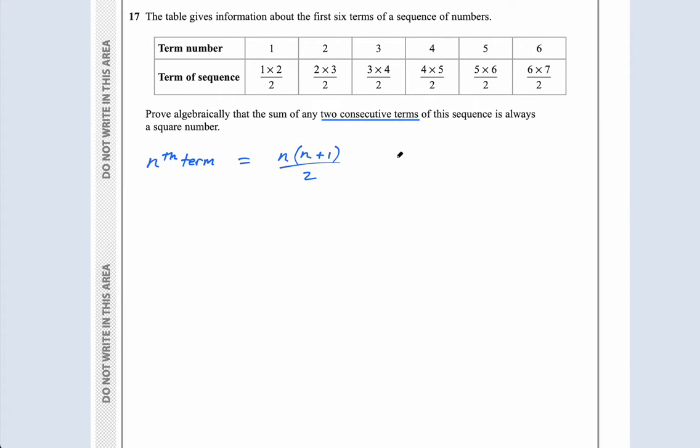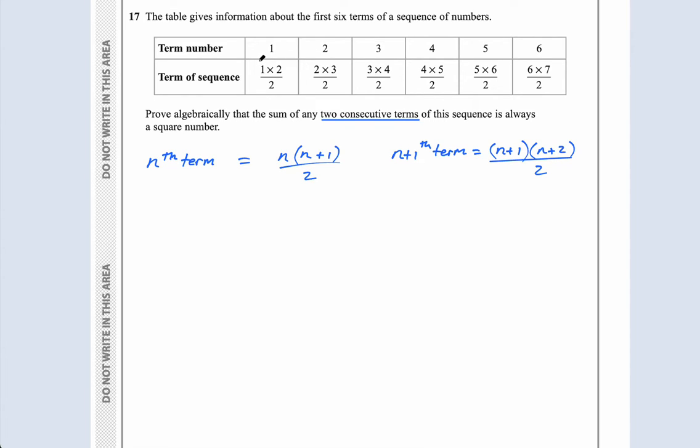The n plus 1th term is, again, we multiply by n plus 1, and then we add 1 to this, which is n plus 2, over 2.